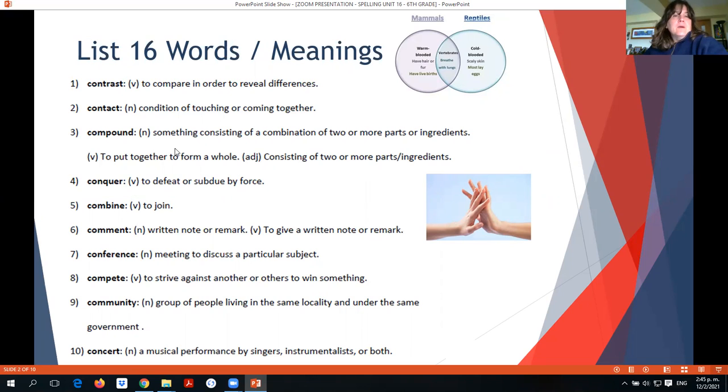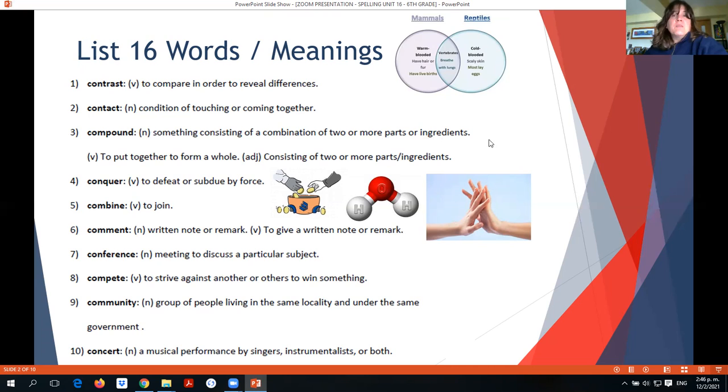Number three, compound. Compound is something consisting of a combination of two or more parts or ingredients. Okay? Then we can also use compound as a verb, to compound. And to compound is the action of putting together these parts or ingredients to form a whole. And it's also an adjective.